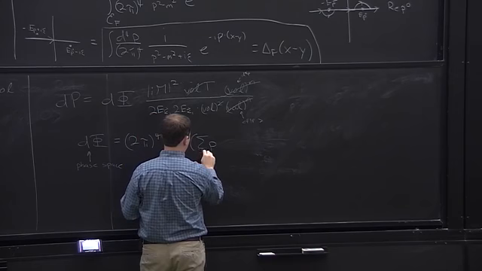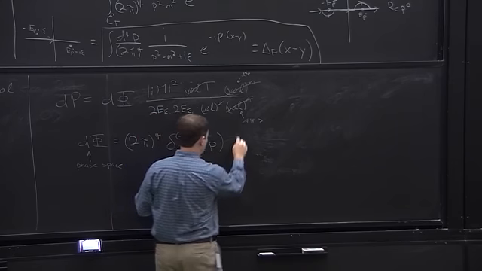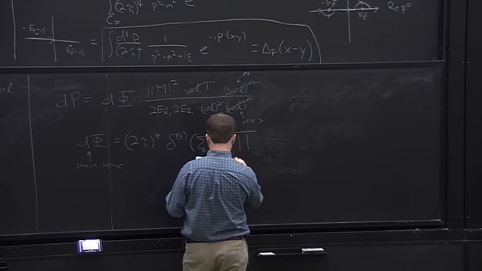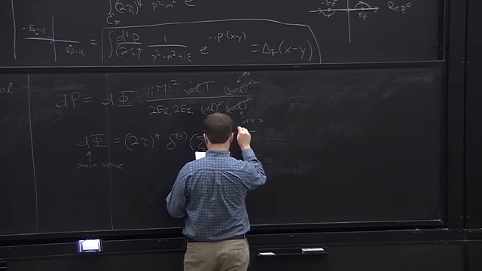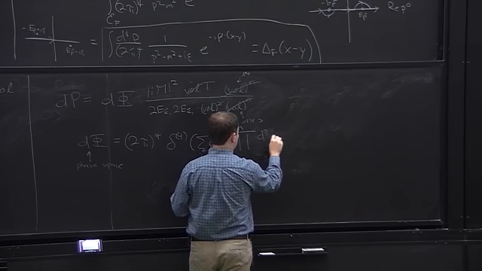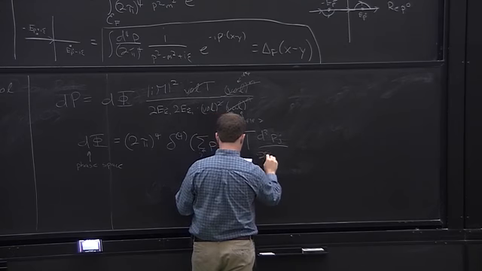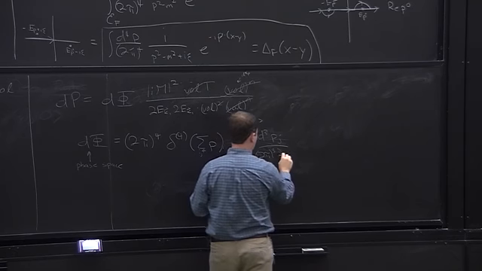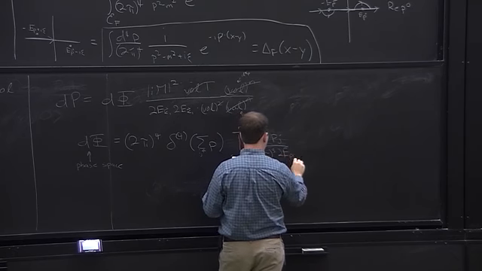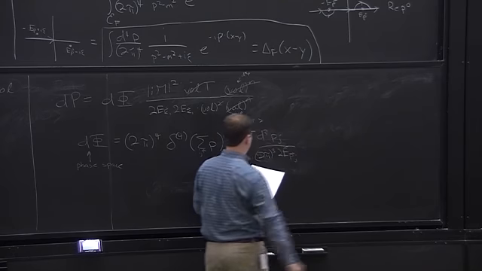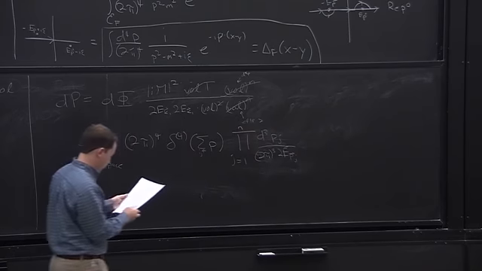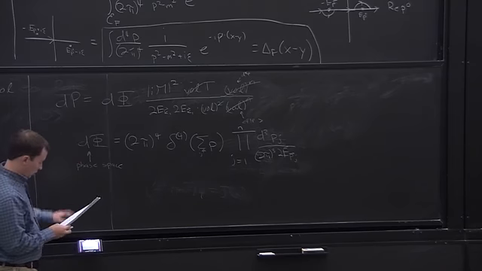So this is the sum over all momenta. And then we've got the product over the final momenta, with a Lorentz invariant measure. Okay.